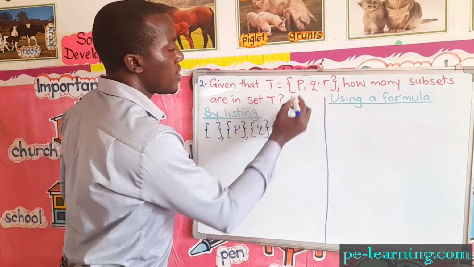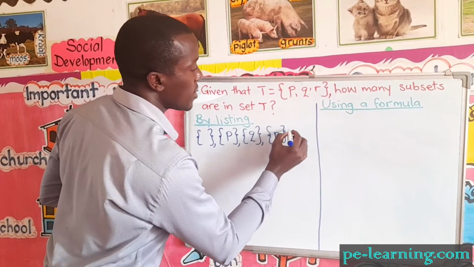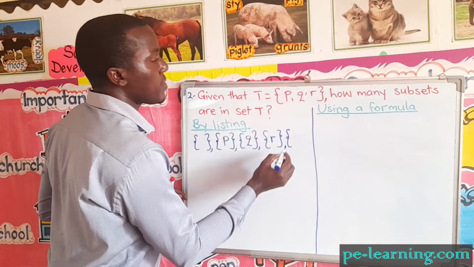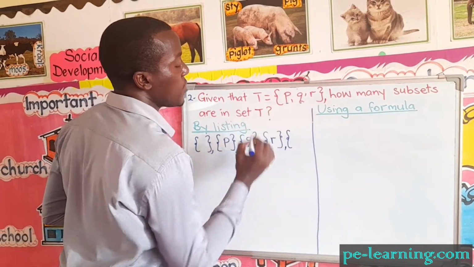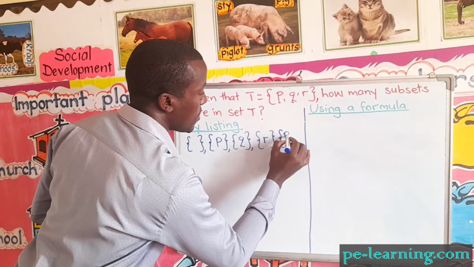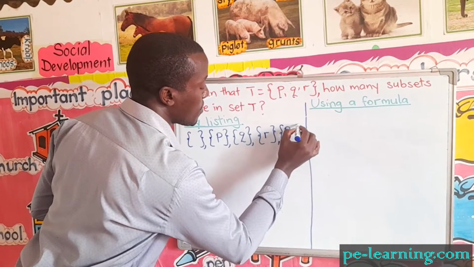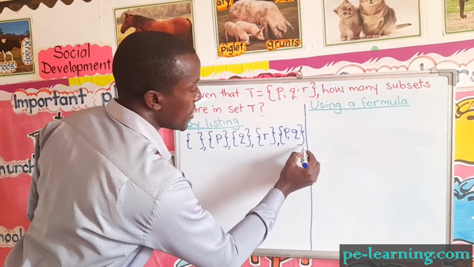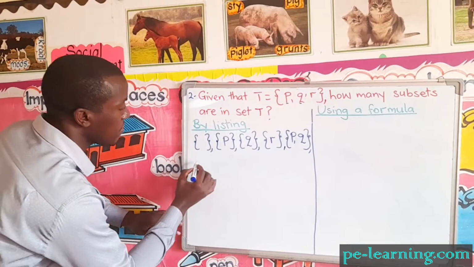So here we are going to have the first one as PQ. So we have PQ forming a subset. Put a comma there.